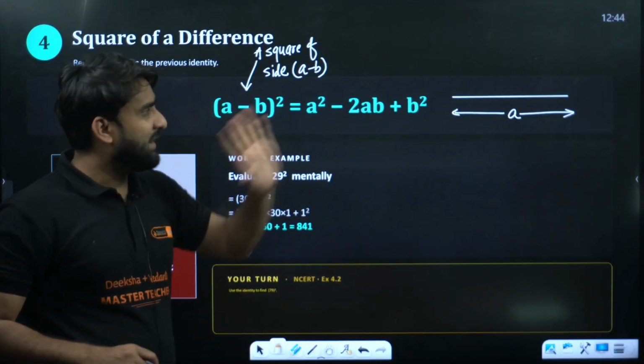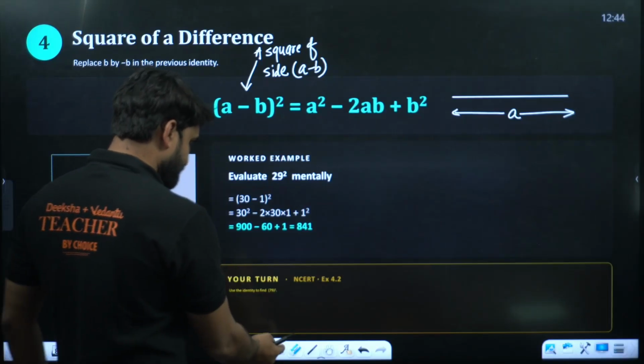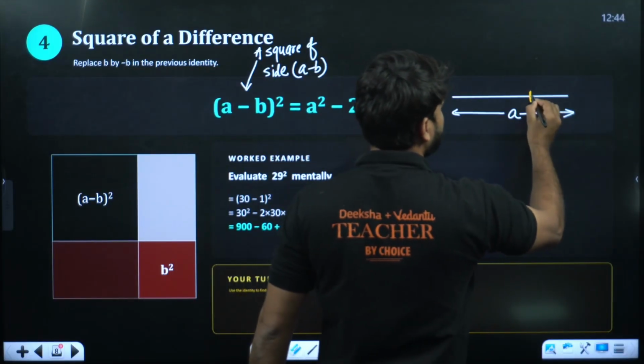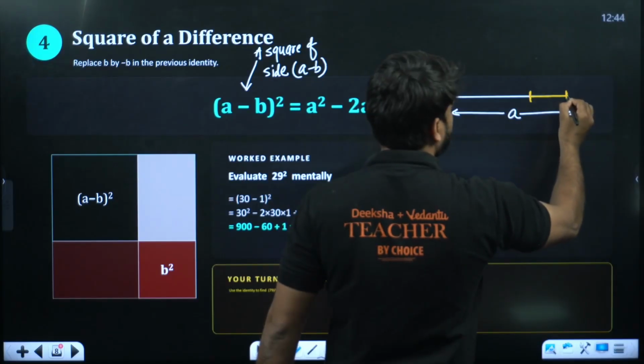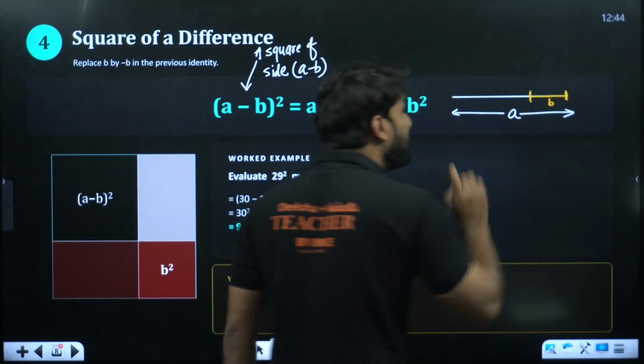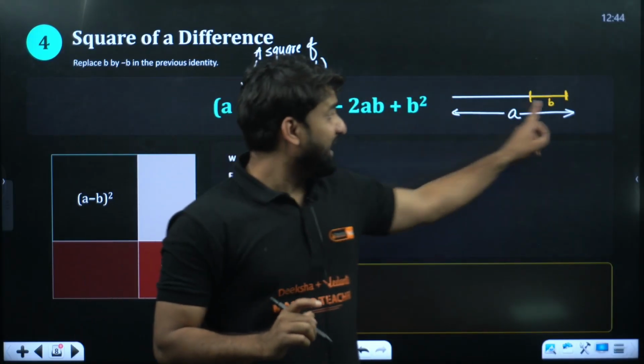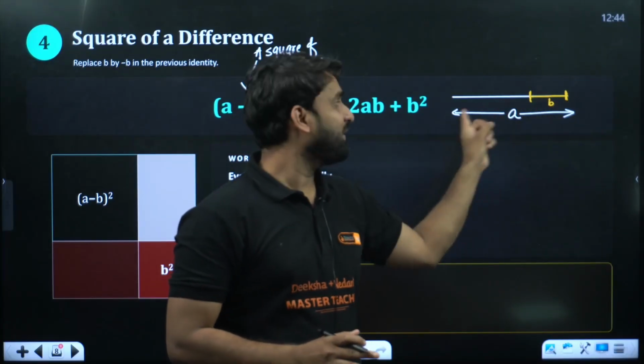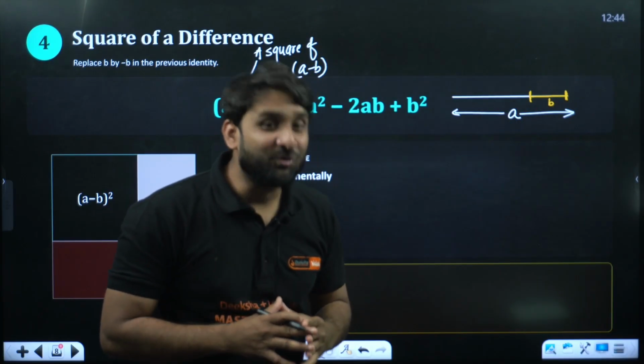Okay, so we have A. Is it clear to you? Now this length is B. My dear champion, if this entire line is A and this portion is B, what will be the remaining? Come on, what will be the remaining?